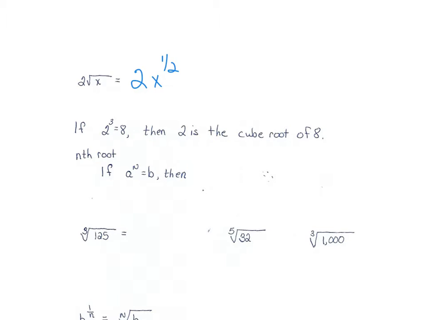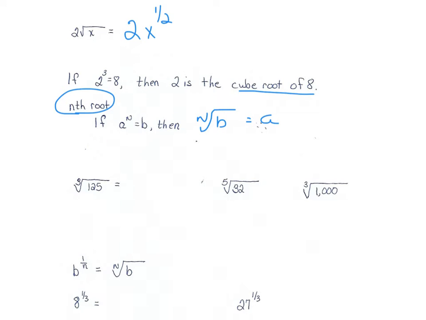Now let's look at it just thinking not necessarily about square roots. If we look at the next thing I have written down, it says if 2 cubed is equal to 8, then 2 is a cube root of 8. So here we're talking about an nth root. If a to the n is equal to b, then we could say that the nth root of b is equal to a.